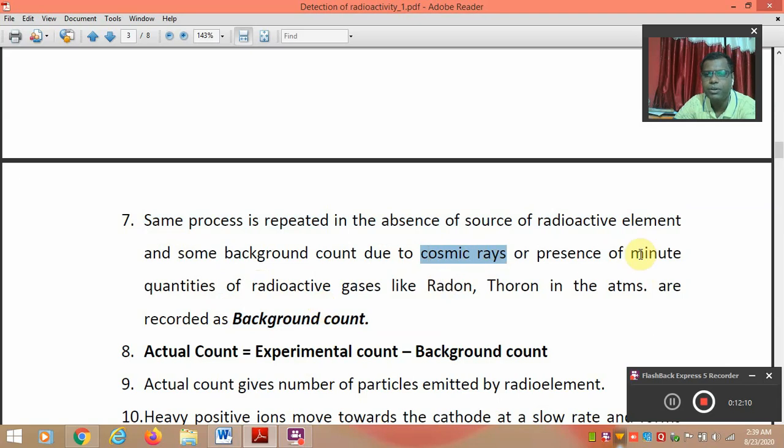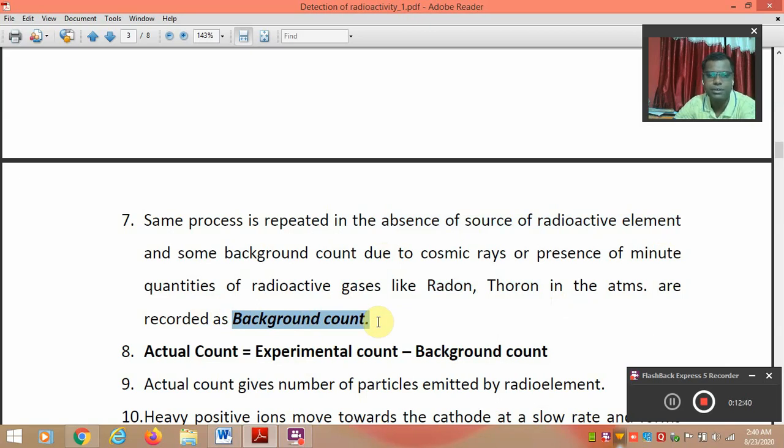It may also be because of minute quantities of radioactive gases like radon and thoron, which are already present in the atmosphere and in the copper cylinder or copper tube. Whatever count of the current is recorded in the absence of a radioactive source is called the background count.